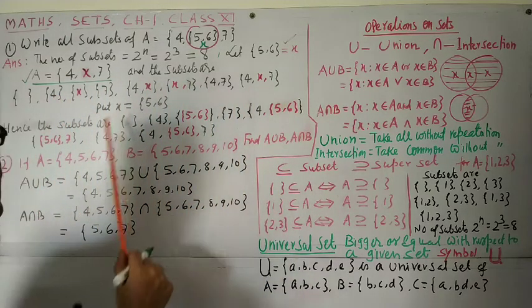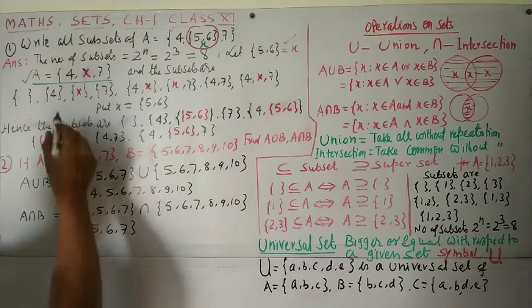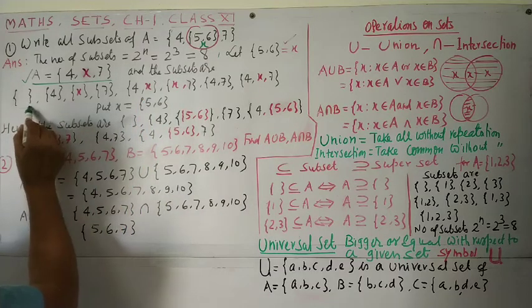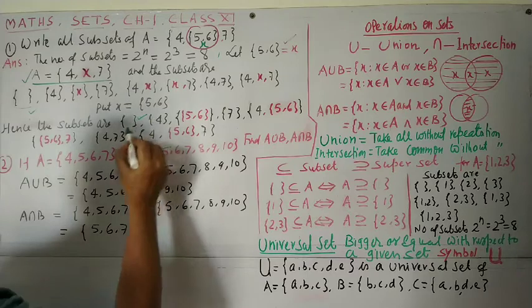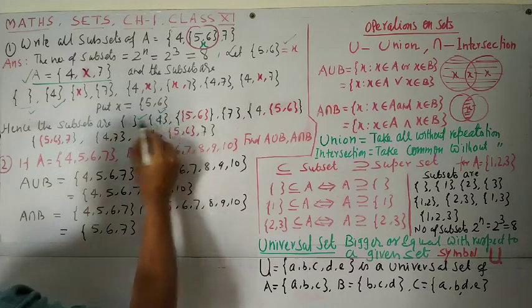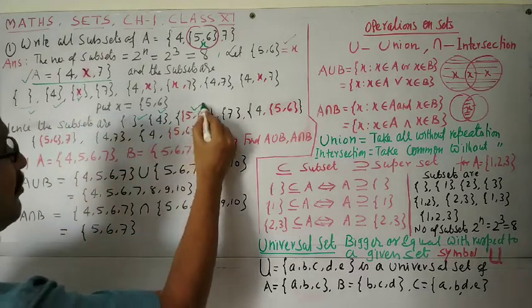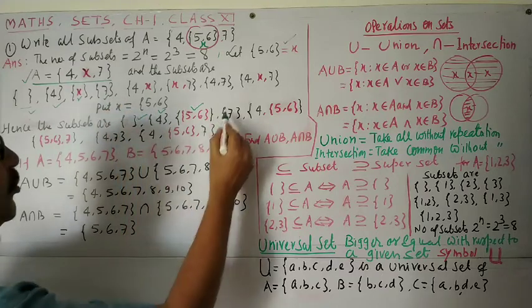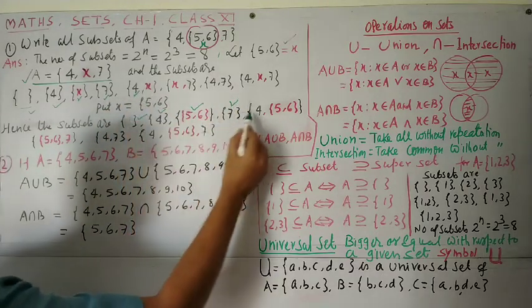Now putting the value x equal to {5, 6}: everywhere x appears, we substitute it. The empty set has nothing to substitute. 4 stays as usual, 7 stays as usual.